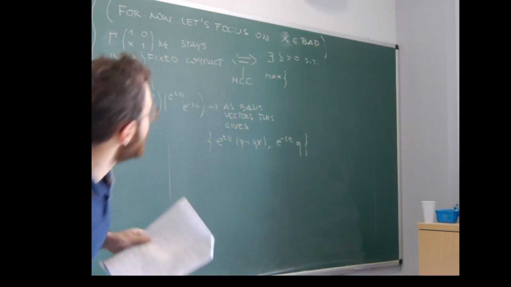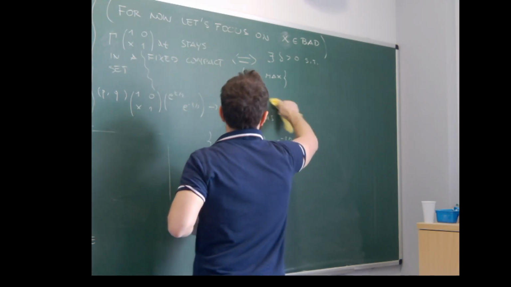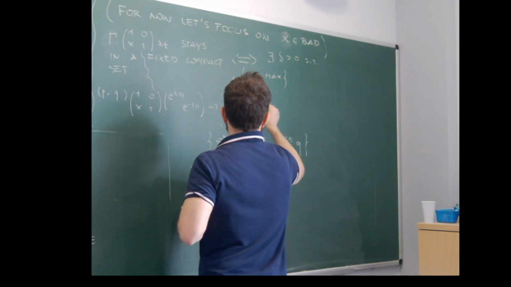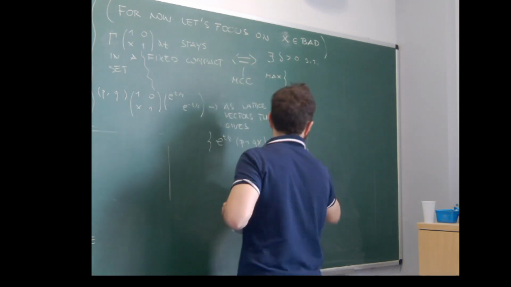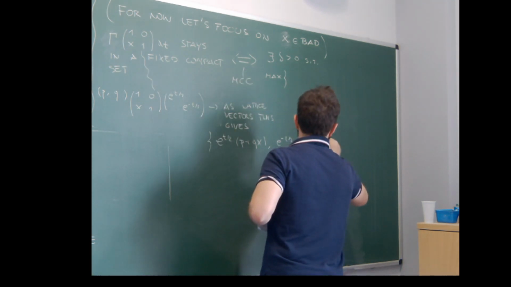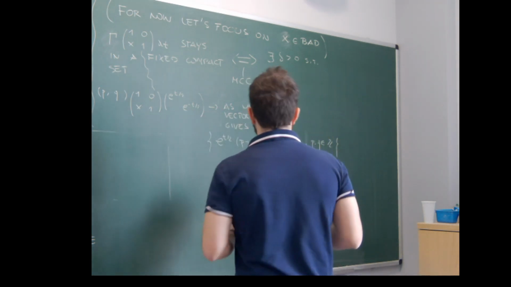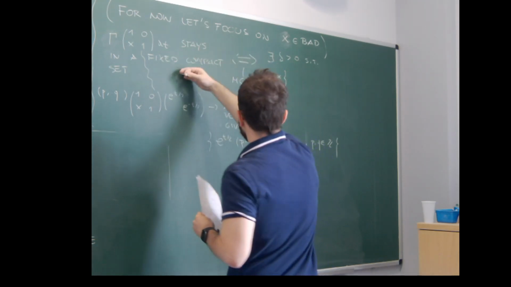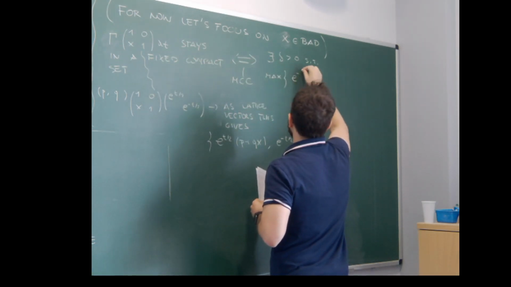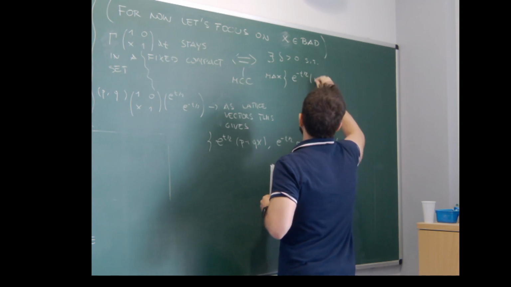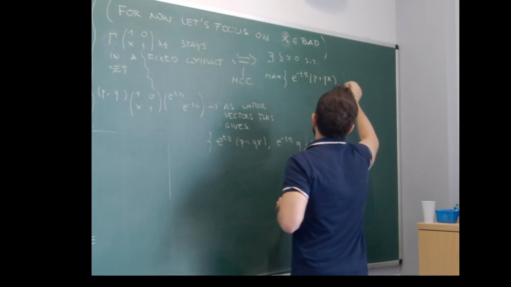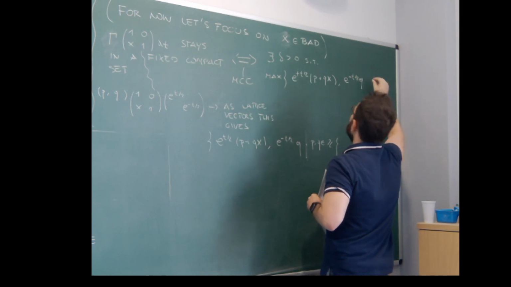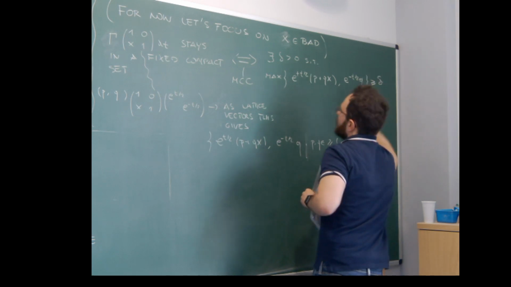Or maybe not even as basis vectors, but as lattice vectors, such that p and q lie in Z. And by using Mahler's compactness criterion, this stays in a compact set if and only if the max of e^{t/2}|p + qx| and e^{-t/2}|q| is larger than delta.